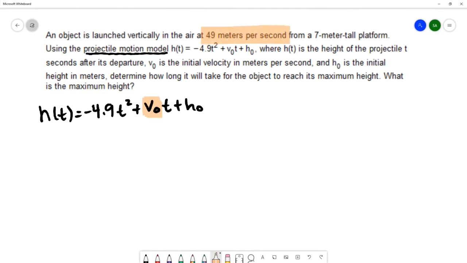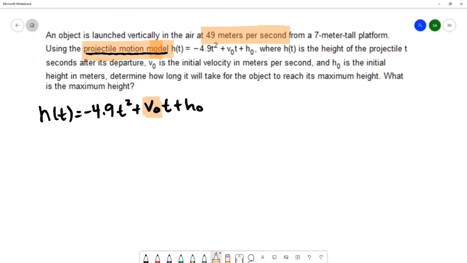The object is launched vertically in the air at 49 meters per second. That's a velocity or a speed. So we're going to be able to complete this projectile motion model using the given information.